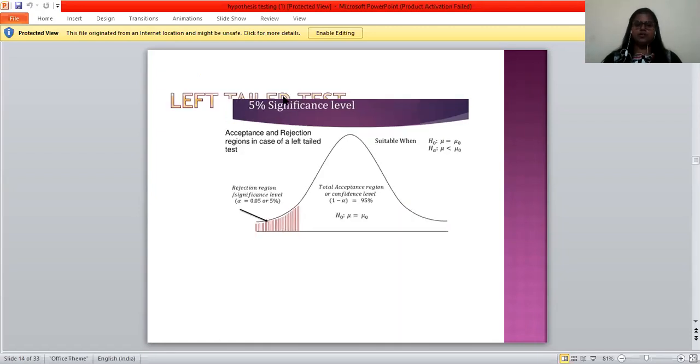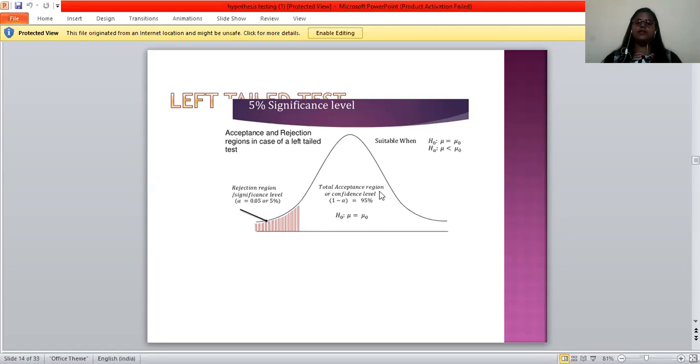Next, let us look into the left-tailed test. This is applicable when H naught: mu is equal to mu naught and the alternative hypothesis is mu less than mu naught. Then the left-tailed test is used. So you have a rejection region which is at 5% level of significance.